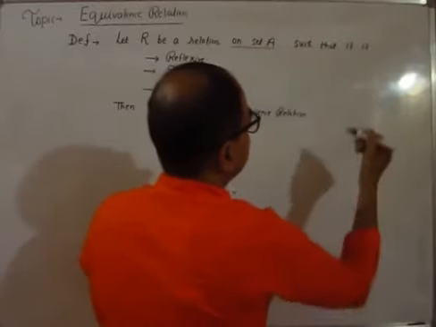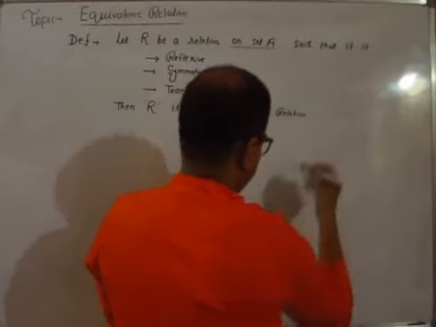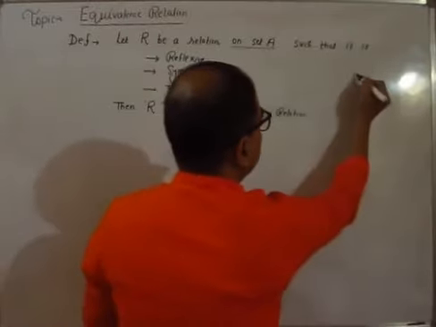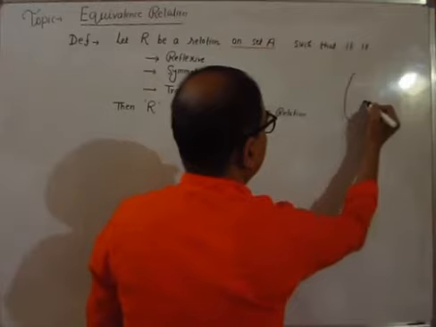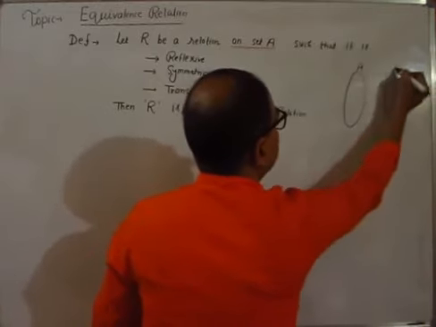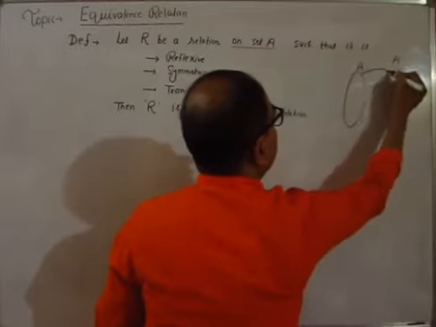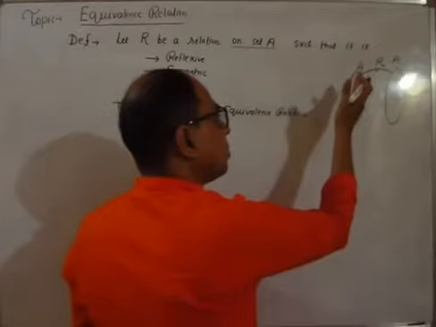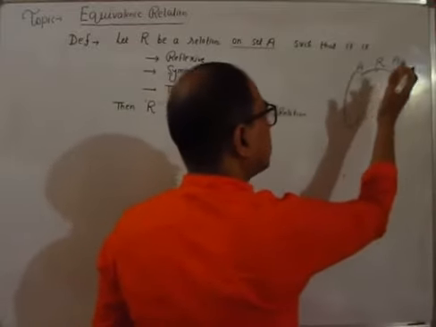For example, this is set A, and this is also set A, and R is a relation which relates element of set A with the element of set A itself.